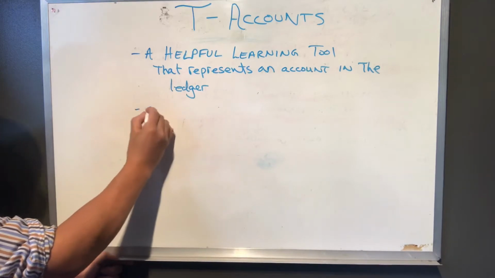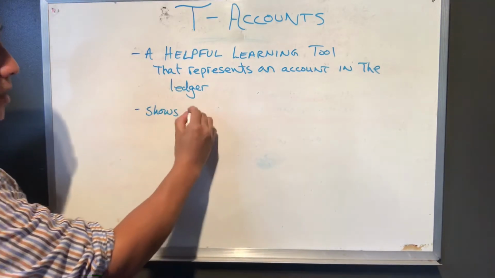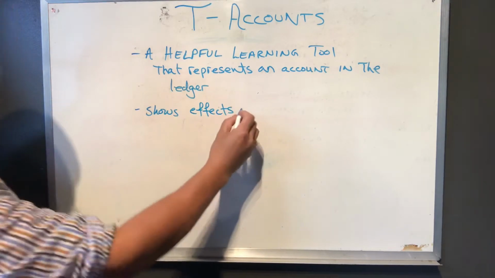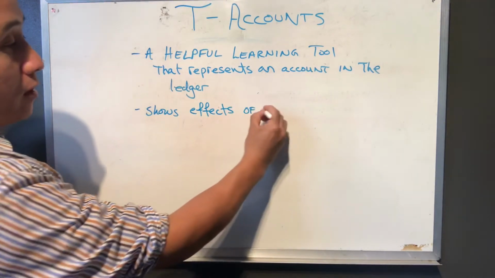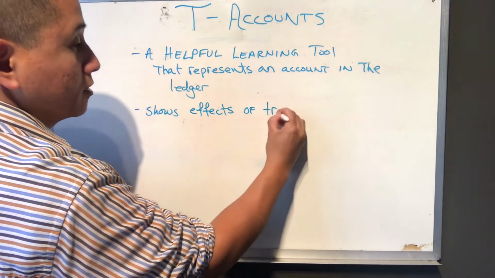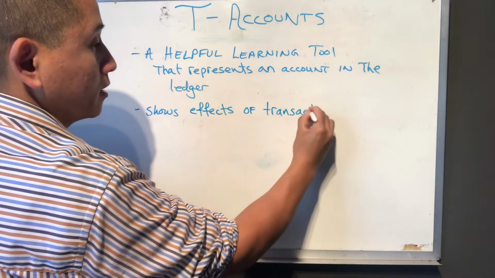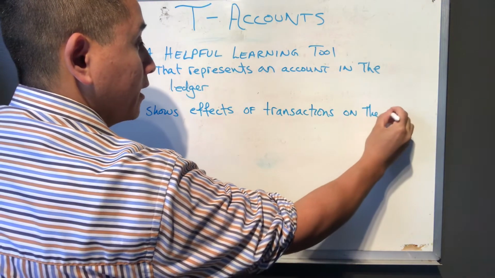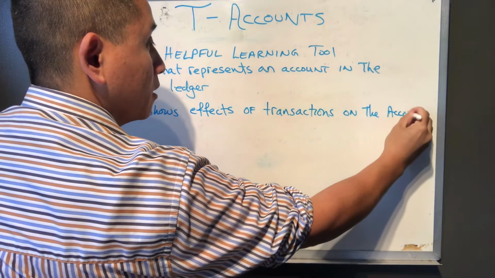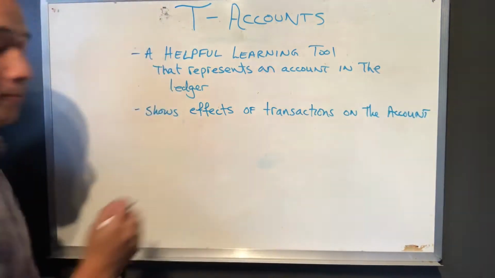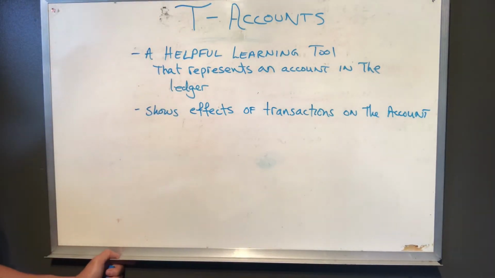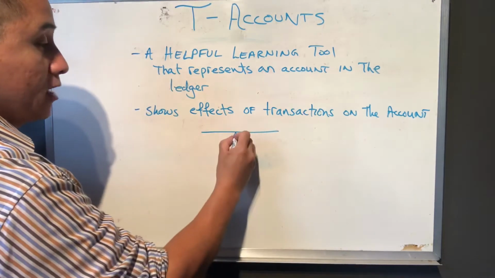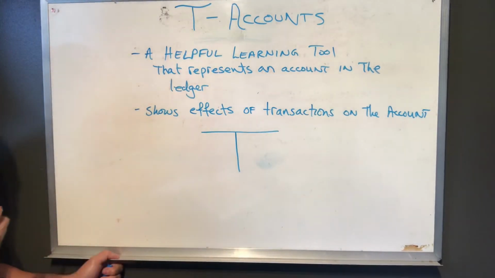So it shows the effects of certain transactions on the account. And again, they are called T-Accounts because they look like a T.